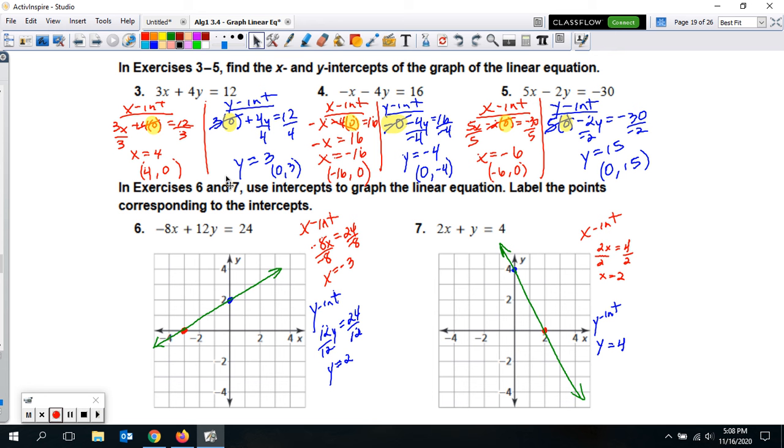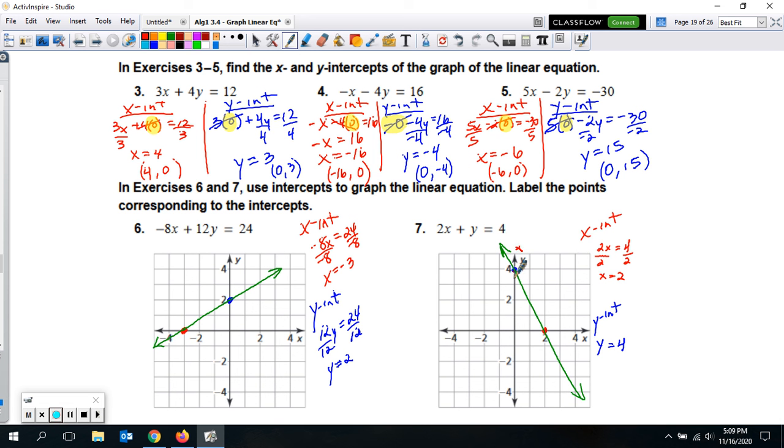Now, one thing I didn't mention when we were talking about the horizontal and vertical lines that I wanted to mention here, what if it was like x equals 0? If it's x equals 0 or y equals 0, it's going to be right on top of one of these, I should say x or y axis. In fact, if it was x equals 0, that's going to be, let's use our red here, this axis.